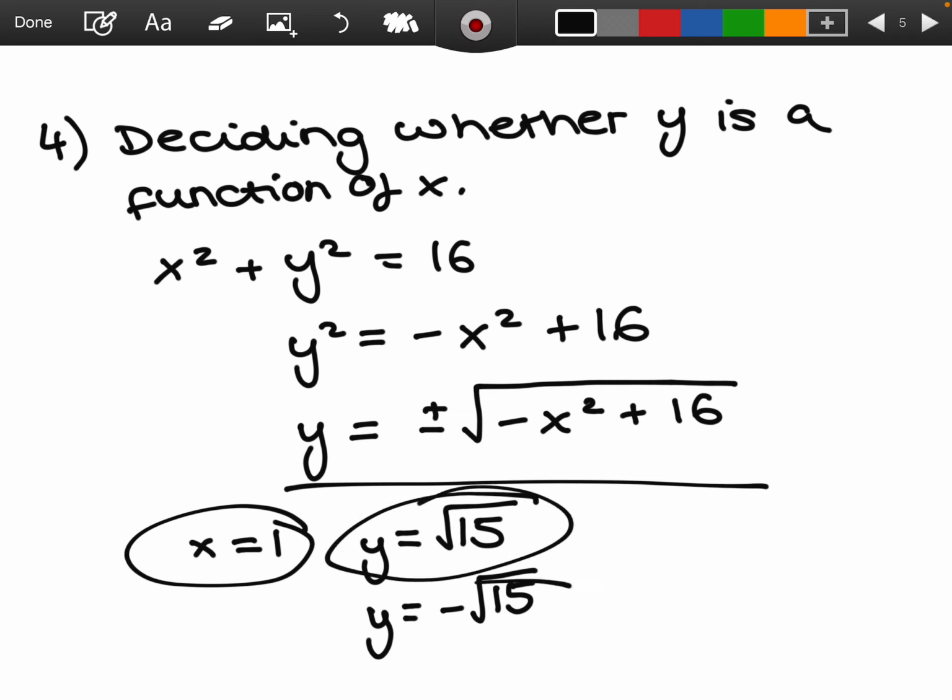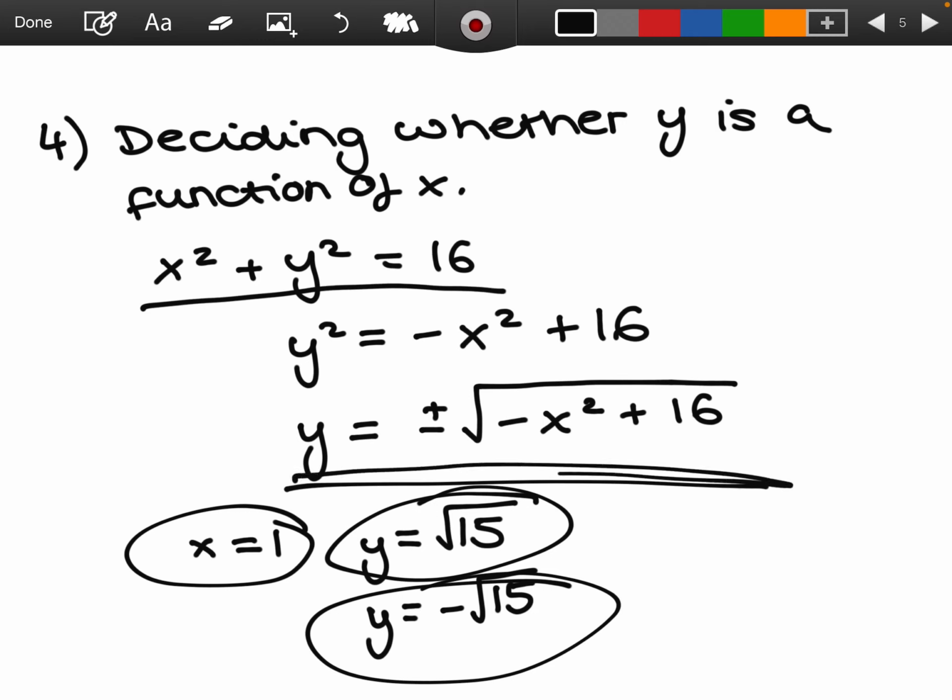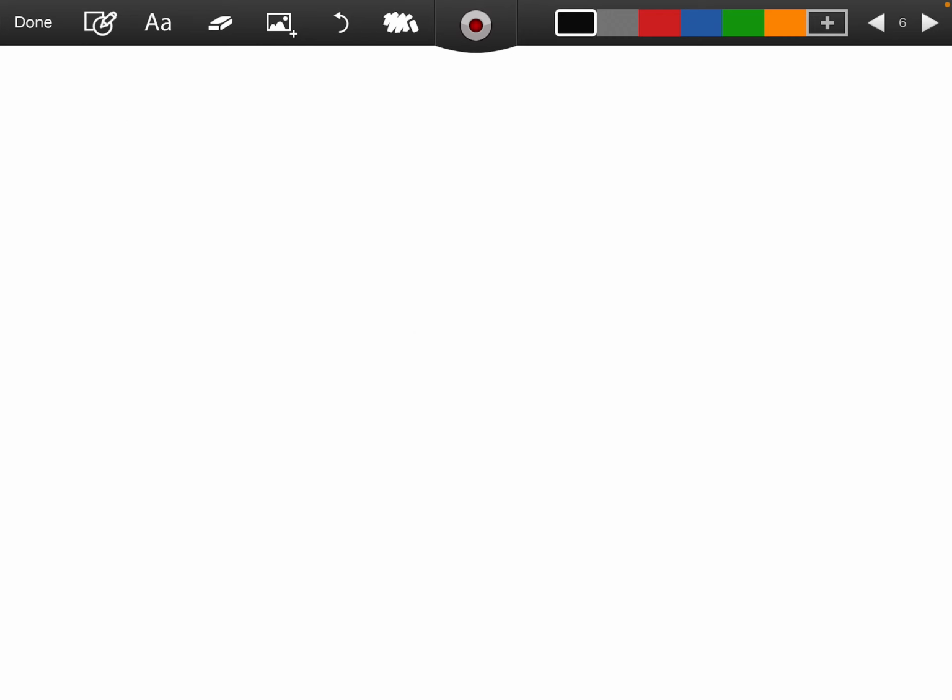So for one given x value, one value in my domain, I end up with two different values in my codomain. That tells me that this original equation that I had up here cannot be considered a function. y is not a function of x. This thing here is not a function. Because for any given value of x, I have two separate values for y.